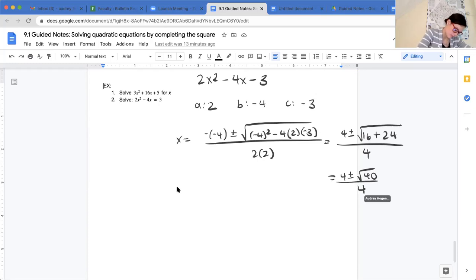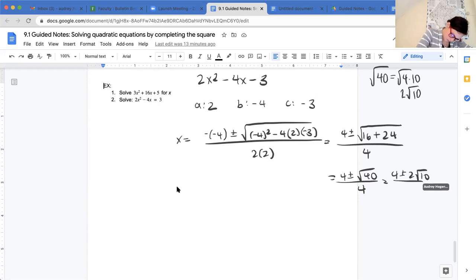We unfortunately know that 40 does not have an even square root, but it equals square root of 4 times 10 equals 2 square root of 10. So we can rewrite square root of 40 as 2 square root of 10. So we get 4 plus or minus 2 square root of 10 over 4.